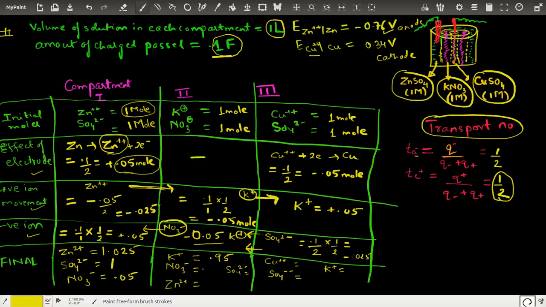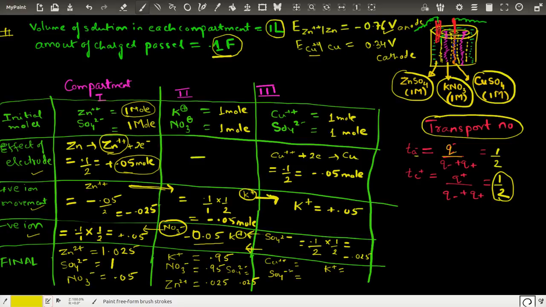Nitrate, as we can see, has again migrated 0.05, so this becomes 0.95. What happens to zinc? Zinc has been transferred from compartment number 1, so it is 0.025. And the sulfate again is 0.025, which is being transferred from compartment number 3 to 2.